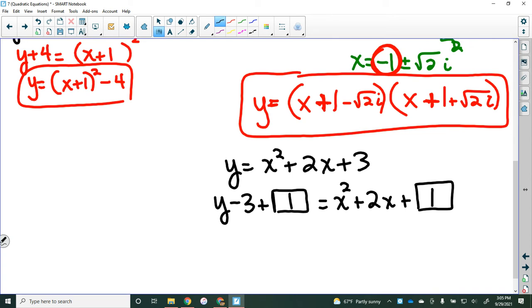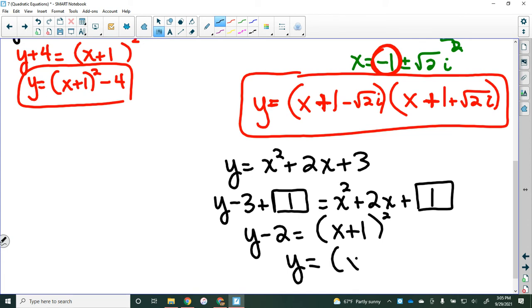But this time you're combining -3 with +1, which is -2. And over here, it's x plus 1 quantity squared. And then we add the 2 because obviously it moved up, right? So your vertex form is the quantity x plus 1 squared plus 2.